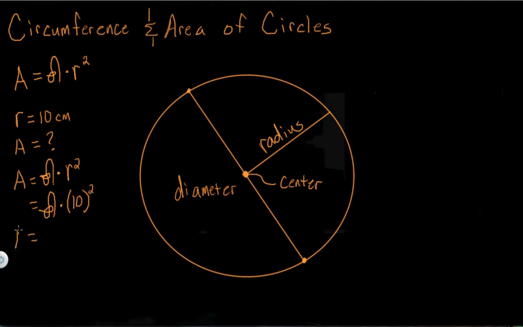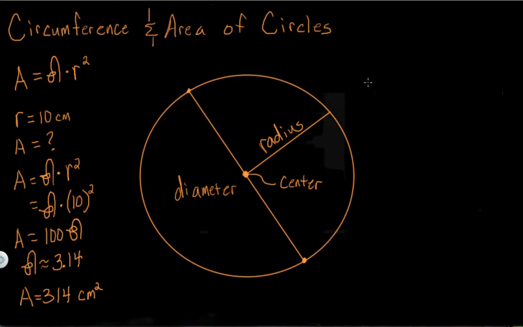So our area here would be 100 times y. Or if we want to, again, approximate our constant y and say that it's approximately equal to 3.14, then we can say that our area here would be 314. And the units here are very important, centimeters squared. Okay, and that is basically it.